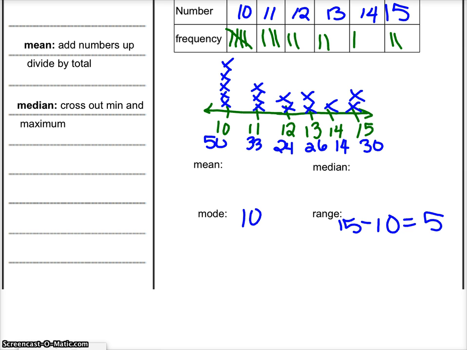So my mean is going to be 50 plus 33 plus 24 plus 26 plus 14 plus 30. 177 divided by how many terms? My terms equal the amount of x's. So I have 5, 8, 10, 12, 13, 14, 15 terms.